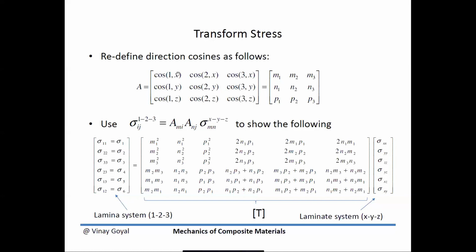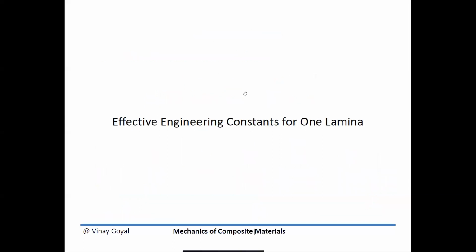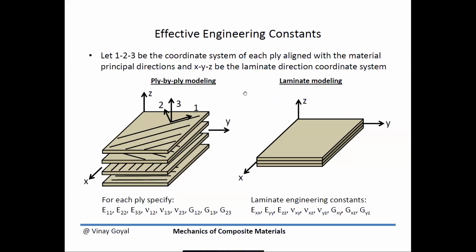So note that the direction cosines for a single lamina are well known. Why is that? If I go here to the image that we had shown earlier, the one principal orientation along the fiber direction, the angle between that and the x-axis is known. The 3 and z-axis are aligned, so that will never change.